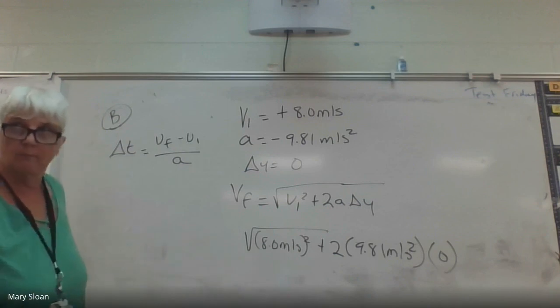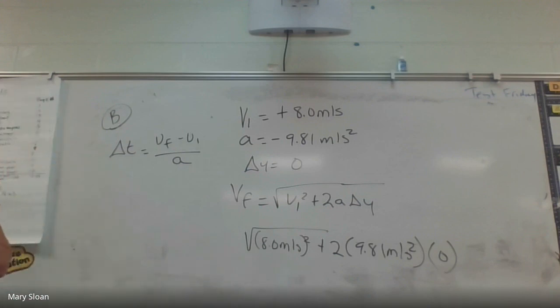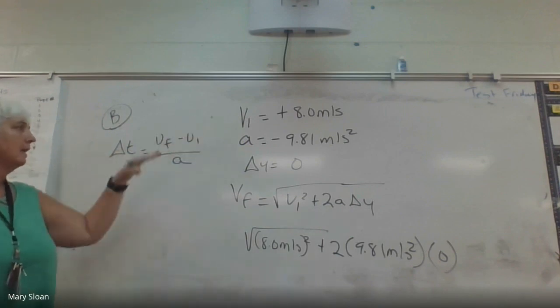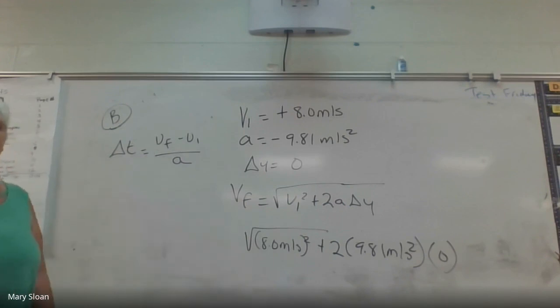I did not get 8. We both got 2.8 and we put it in. Did you square your 8.0? That's what I got. Okay. All right, so velocity final is our answer that we had before minus our velocity initial, which is 8, divided by negative 9.8.